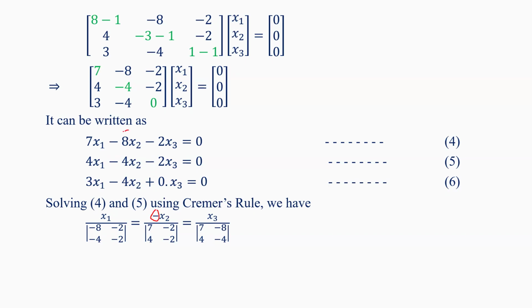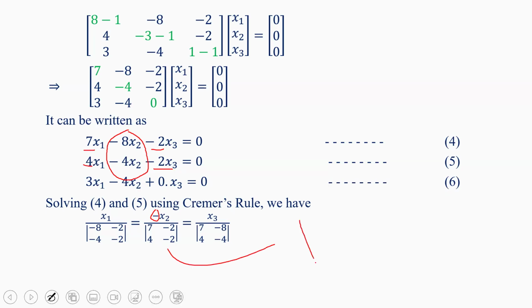Again, we have to leave the x2, and we have to write down the minus 2, and then 7 and 4. It should be like that: minus 2, 7, 4. But here we have written this determinant as first 7 4 and then minus 2.